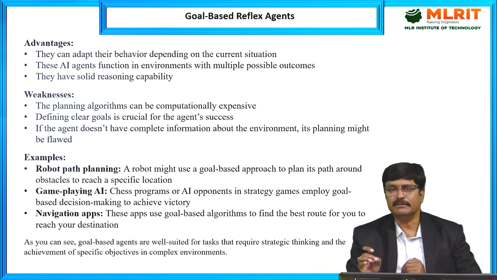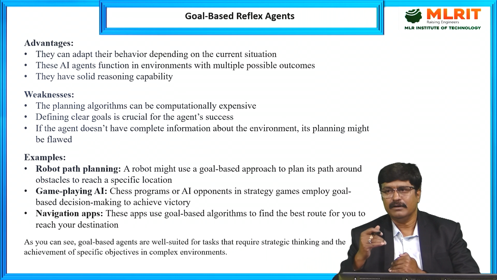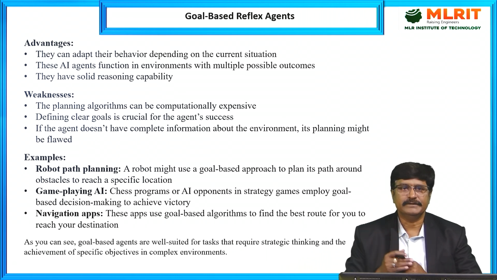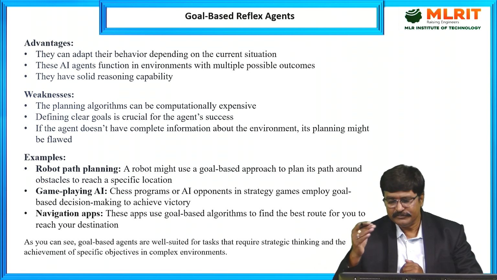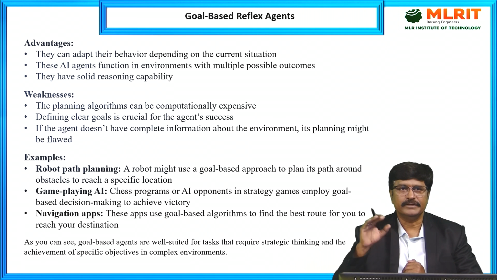Which one is the best? It chooses the best way to reach the goal, and based on that, it takes the action. They have solid reasoning capability, because of this reasoning about what happens if I take a decision like this.